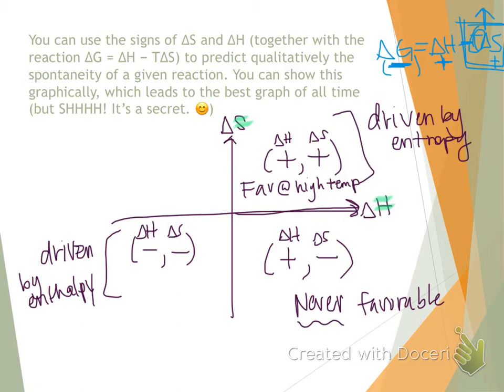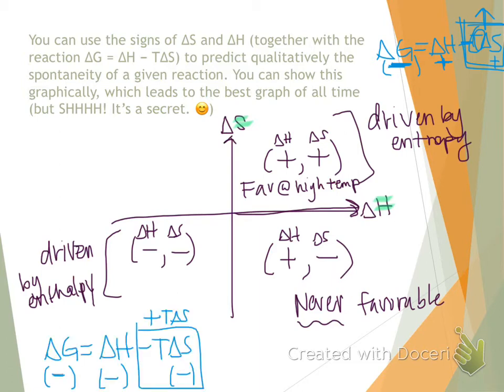It is driven by enthalpy because, again, exothermic is favorable where that decrease in entropy, the negative delta S, is not. So if we take a look at our delta G equation again, in order to have a negative delta G for that spontaneous reaction with the negative delta H and a negative delta S, our negative T times the negative delta S is going to give us a positive T delta S factor. Well, if our temperature is too high, that factor that we're adding to our delta H would make delta G positive.